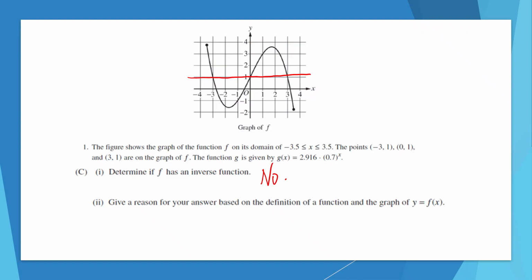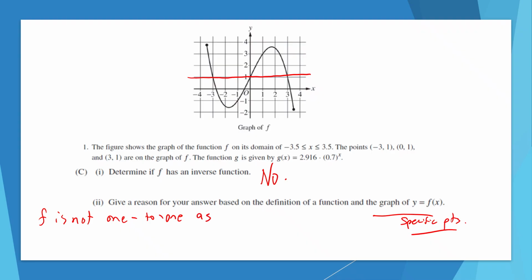And then give a reason for your answer based on the definition of a function and the graph of y equals f of x. This means that it wants specific points. So I would say the perfect answer here is f is not 1 to 1, so that talks about the definition.